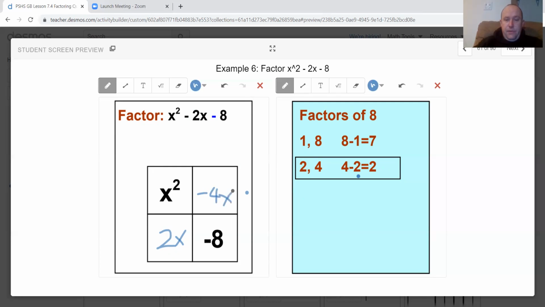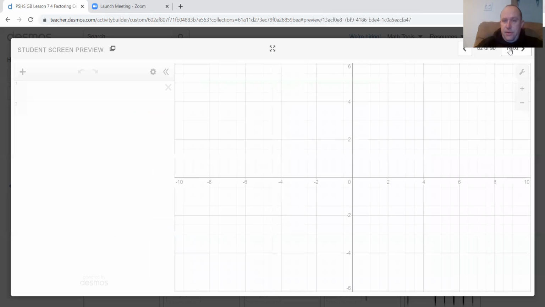And that will give me that -2x that I'm looking for. X squared, I'm just going to fill that in straight away as x and x. And then my GCF for -4x and -8, it will say 4 if I use Desmos, but I know it's -4 just because of that leading negative sign. And the GCF of 2x and -8 is just going to be 2. So x plus 2 and x minus 4, whichever way around you want to think of it.